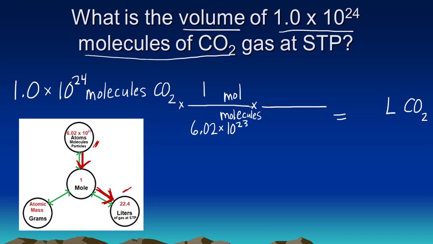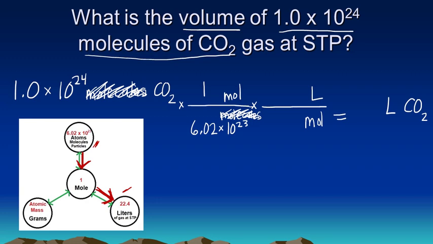And so molecules can cancel top and bottom. And now we're in moles of CO2. And we have one more step. We want to get from moles of CO2 to liters of CO2. So it looks like our next step is to put moles on the bottom of the next conversion factor and liters on the top. And so what numbers go in here?